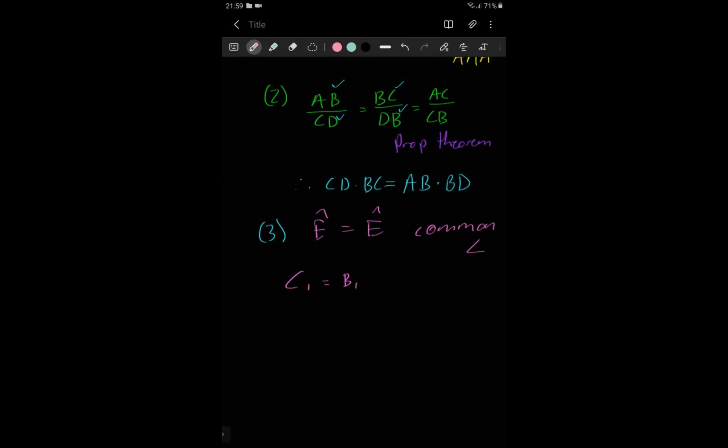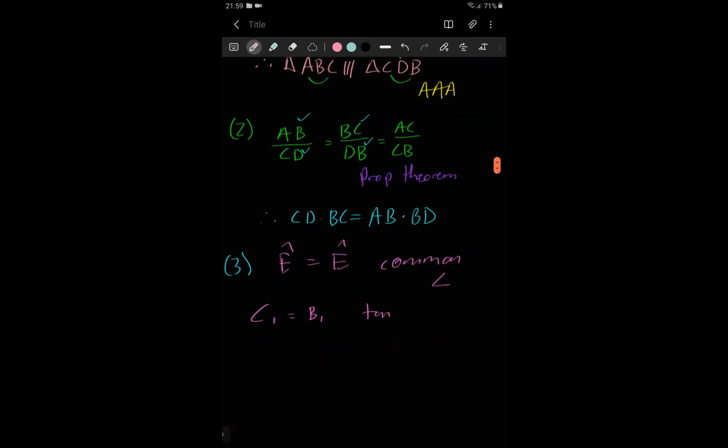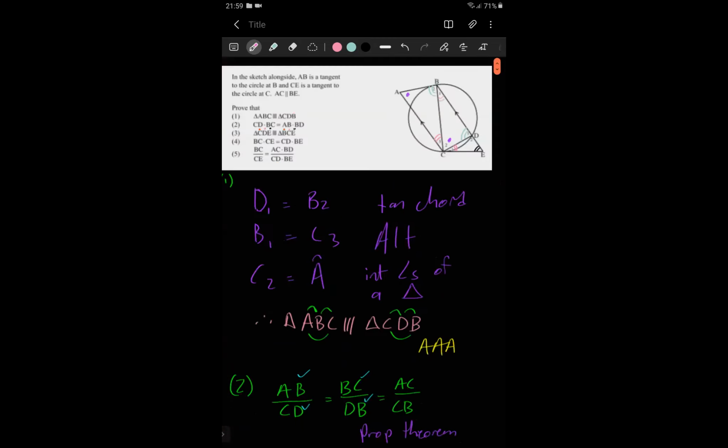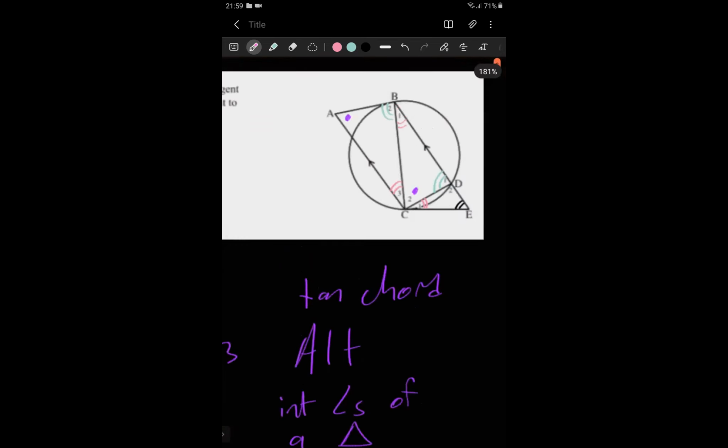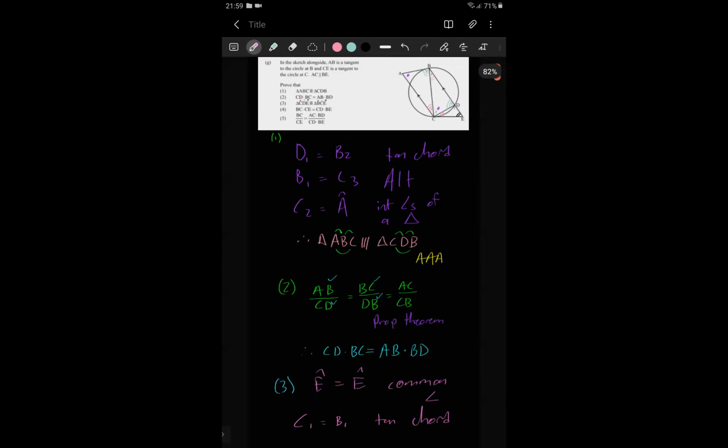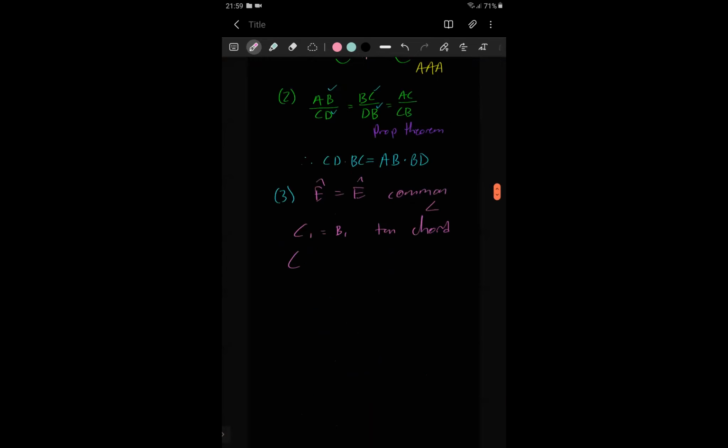The reason is the tan chord theorem. And lastly, we can then just say C2 is equal to D2. The reason is interior angles of a triangle.